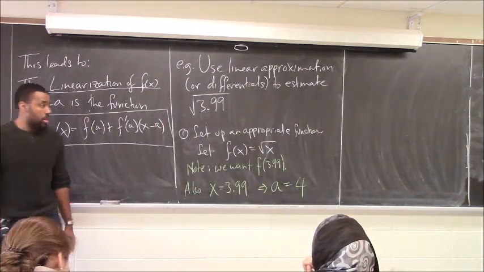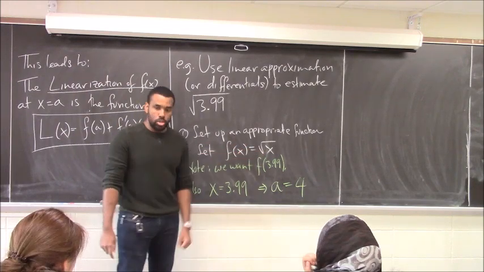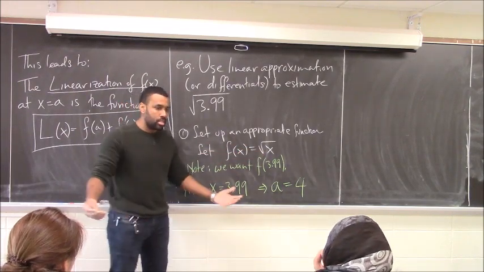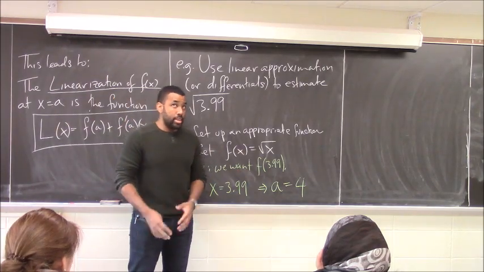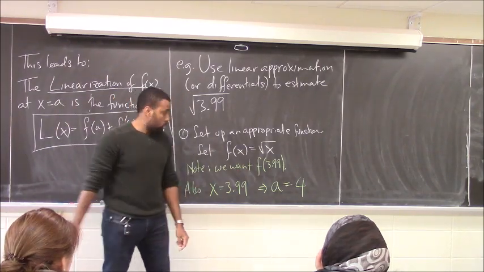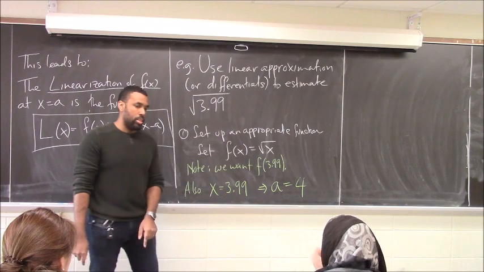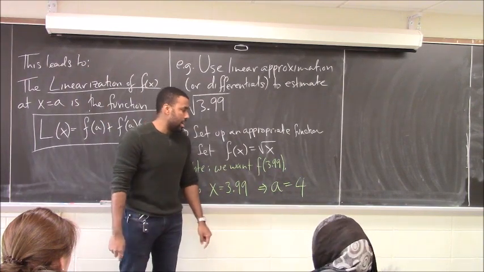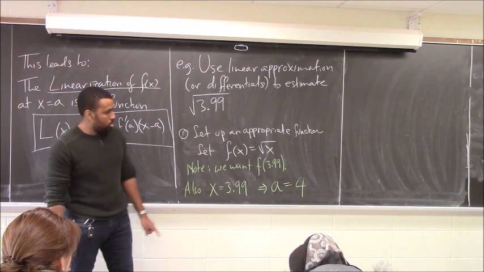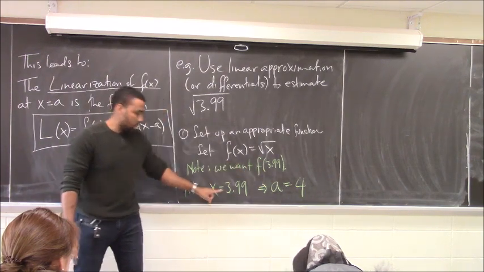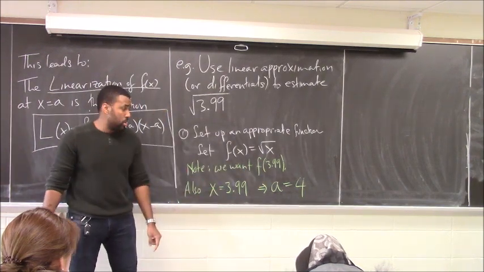That's easy. Now, there are many numbers for which you know the square root. You know the square root of 9, 16, 36, you know the square root of 1. However, remember the idea is for this to work, you need to be super close. So you really want to pick the closest value to 3.99 that you can, that can approximate it. So this is the closest thing to that, and it's relatively close. It's only off by 2 decimal places.